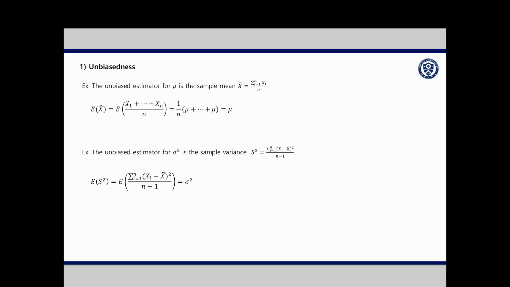Let's look at an example. We consider the estimator of mu to be x bar, the sample mean, that is, theta hat. Then x bar is an unbiased estimator of mu. This can be easily proved as follows.